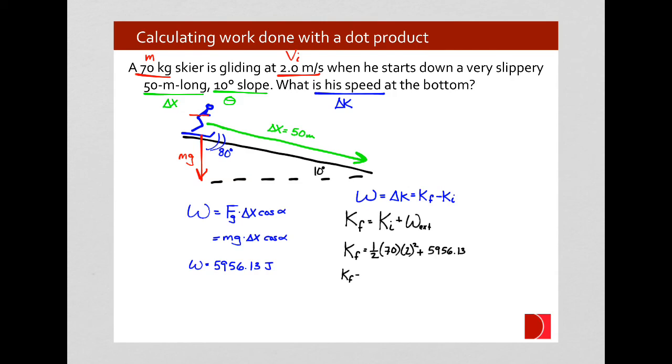And we see that his kinetic energy at the end is a little bit over 6,000 joules, and his kinetic energy at the end is expressed as 1/2 mv squared.